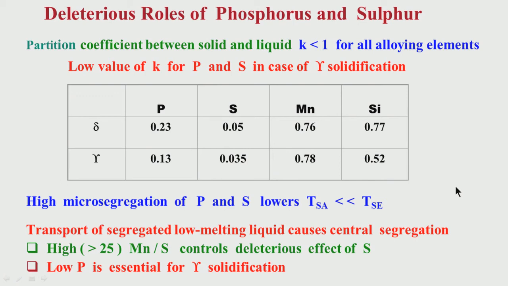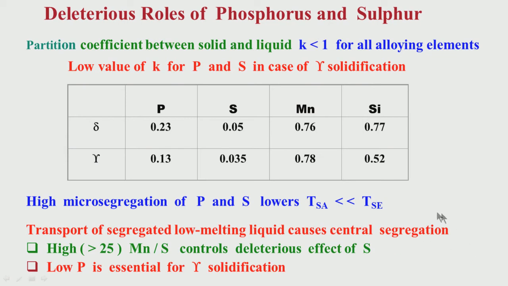Now, this is called central segregation. This segregated low melting liquid gets transferred during the stage of solidification more towards the center, and the central segregation is more rich with alloying elements.